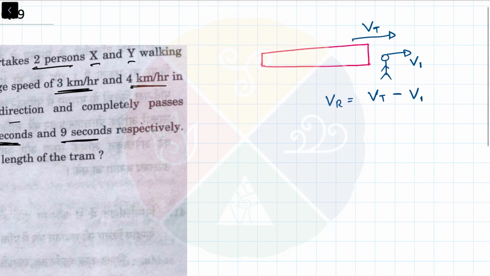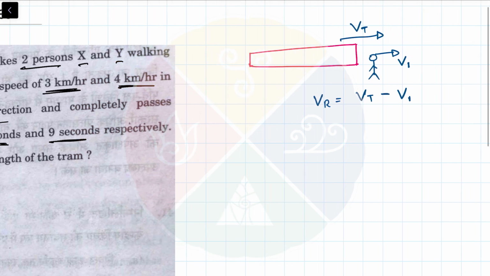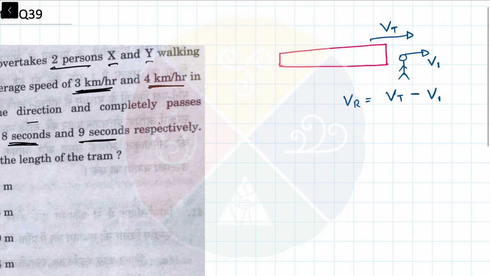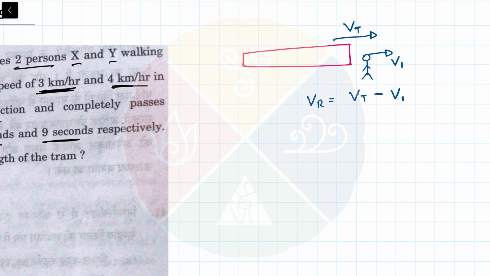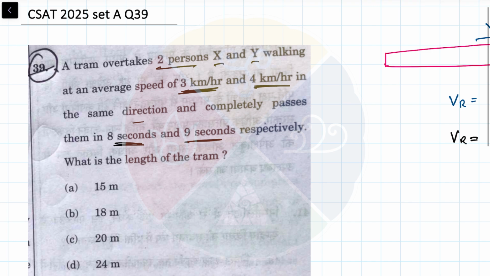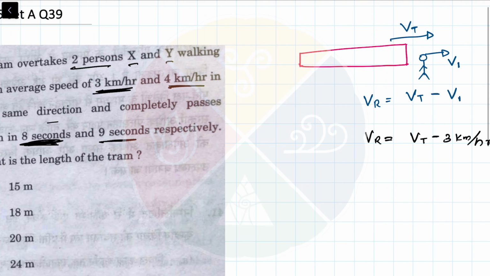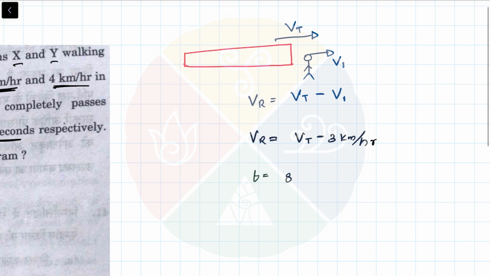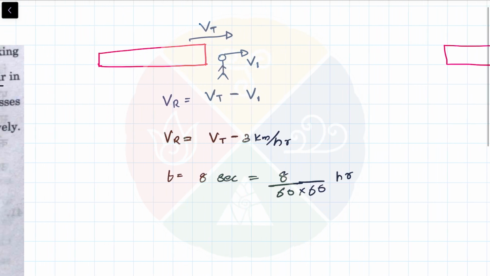Here this is happening two times. The first person was walking at 3 km per hour, so the relative velocity will be V of the train minus 3 km per hour. It took the train 8 seconds, which means 8 by 60 into 60, that is 8 by 3600 hours. I have to match the units.